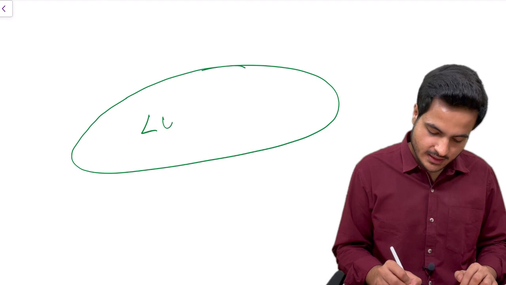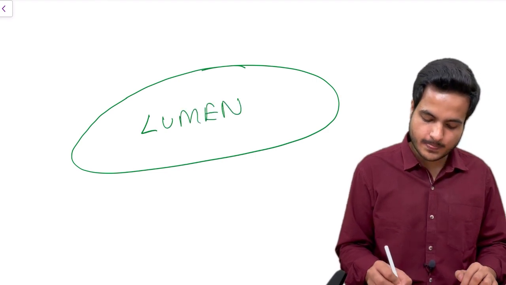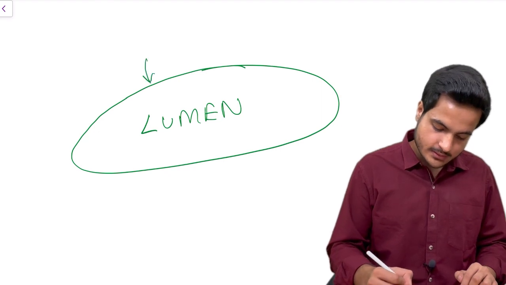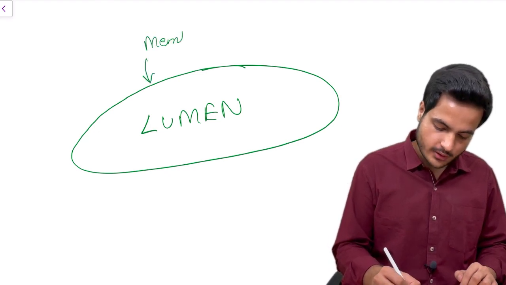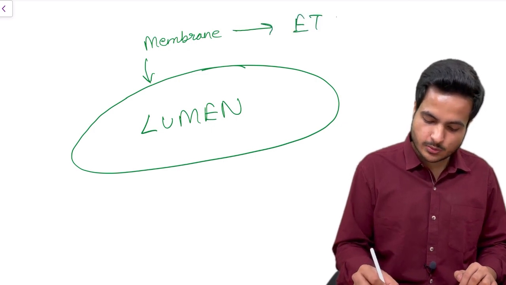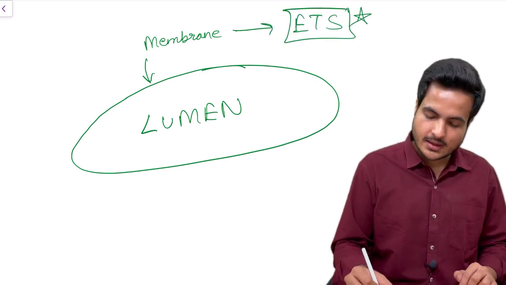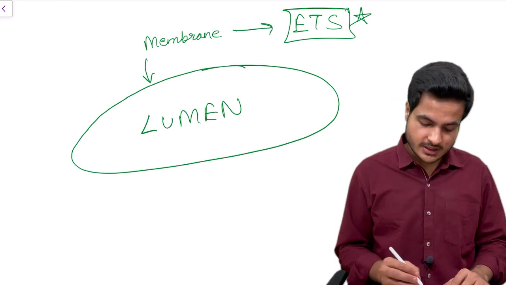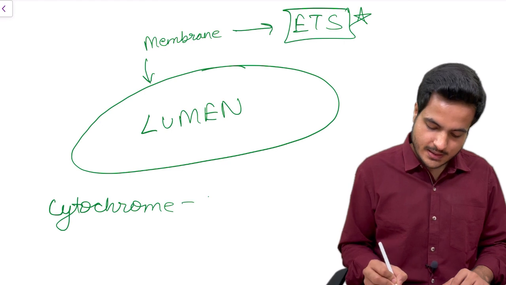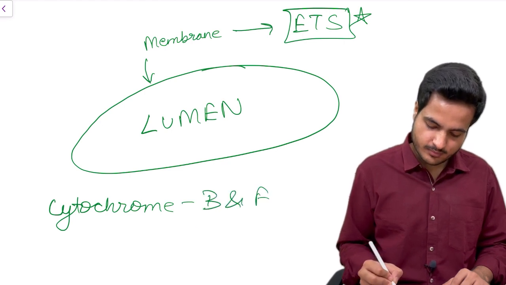So this is one single thylakoid. Inside the thylakoid we have the lumen, and it is actually the membrane of this thylakoid in which the electron transport system is present. This electron transport system is made up of cytochrome B and F, best friends.